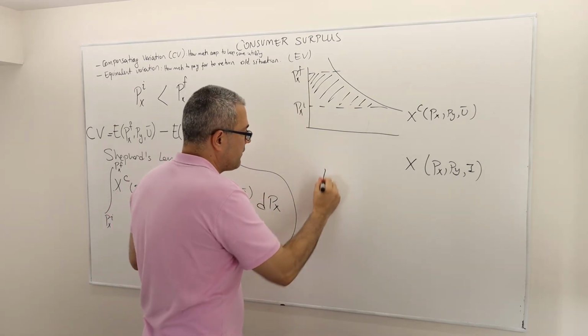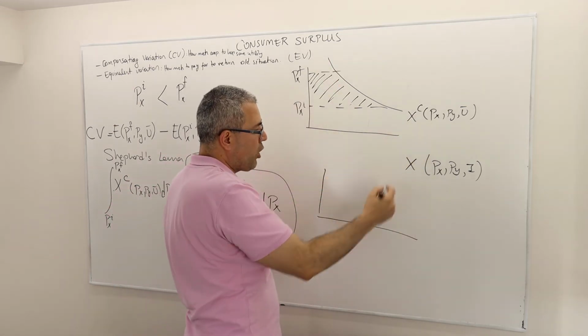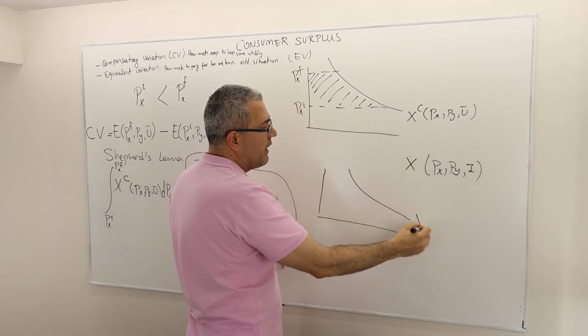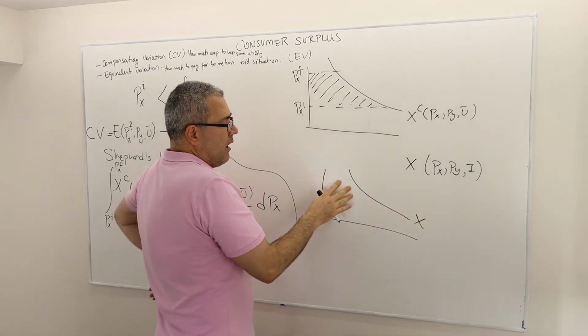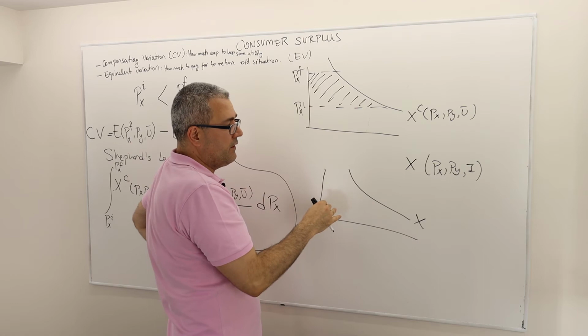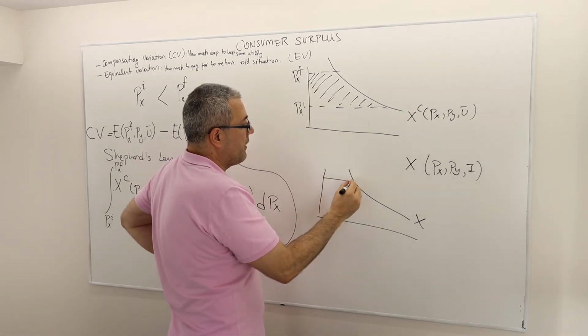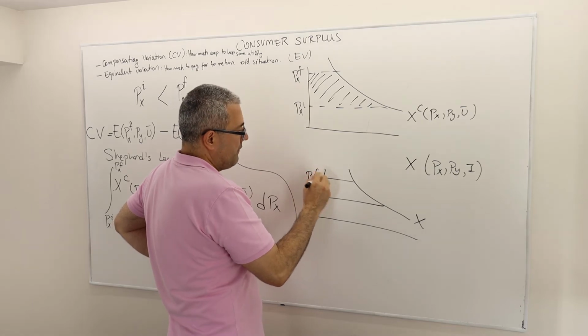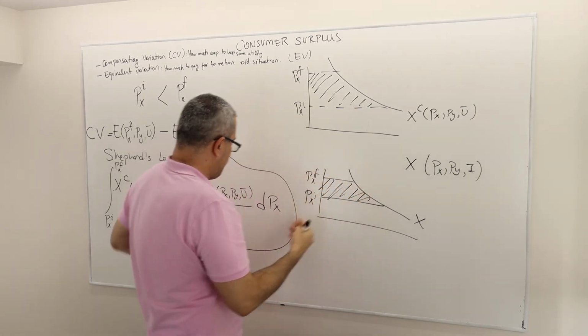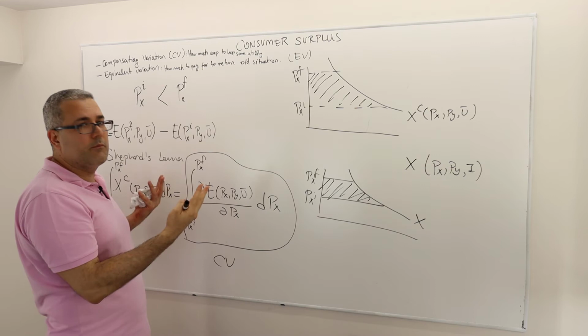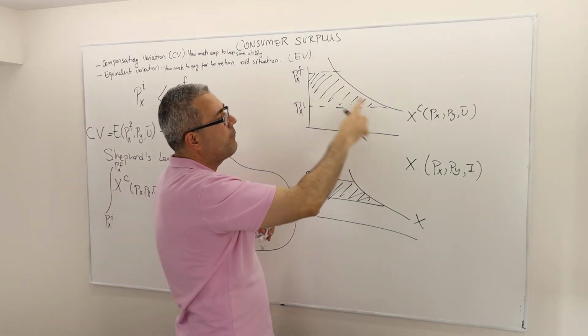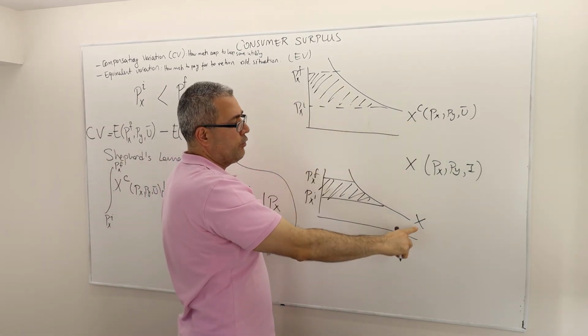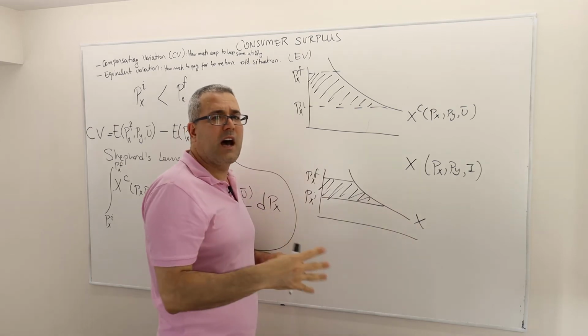So the thing is, instead of drawing the Hicksian demand, can I just draw the Marshallian demand curve and do exactly the same analysis, PXI, PXF, and so this area is not exactly the same, obviously, because remember, the Hicksian demand curve and the Marshallian demand curve are not exactly the same.